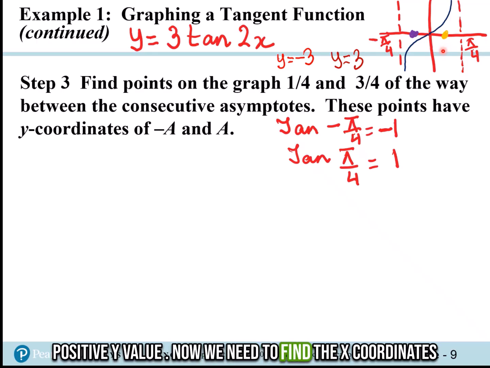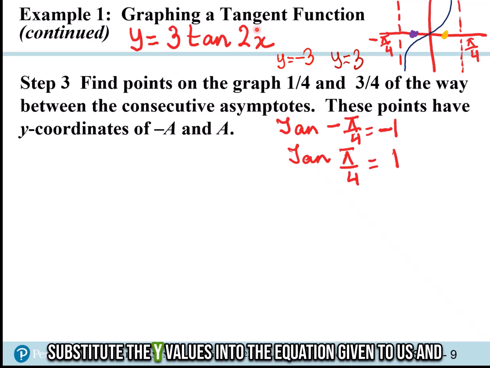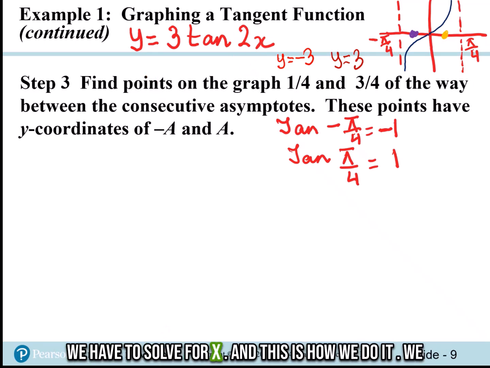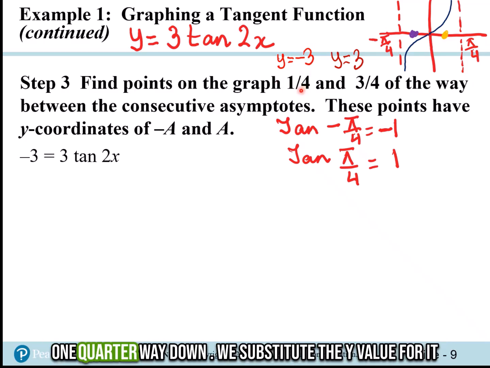Now we need to find the x coordinates for each of these points. To find the x values, we substitute the y values into the equation given to us and we have to solve for x. And this is how we do it. We first take the point which is 1/4 way down.